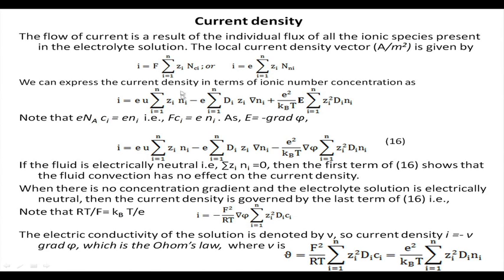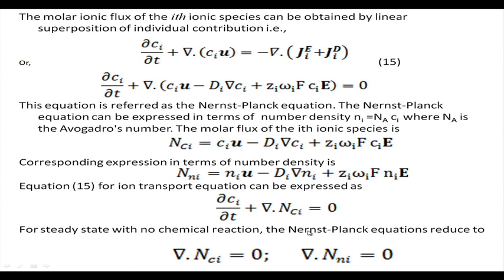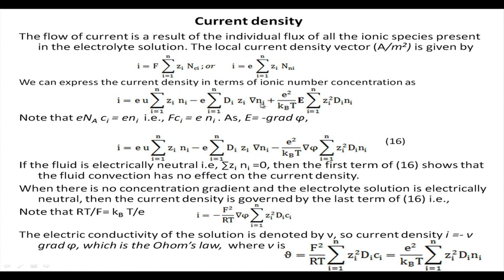If I substitute in the number density flux in this relation, the current density is governed by this equation. Now, if I write E in a grad phi form, we get a situation as governed this way.